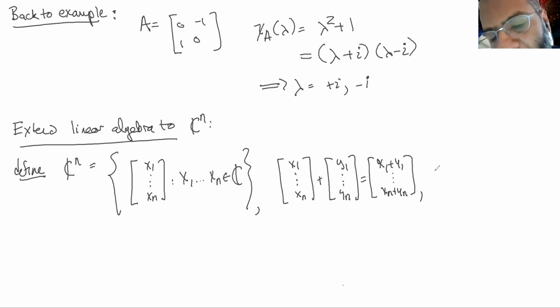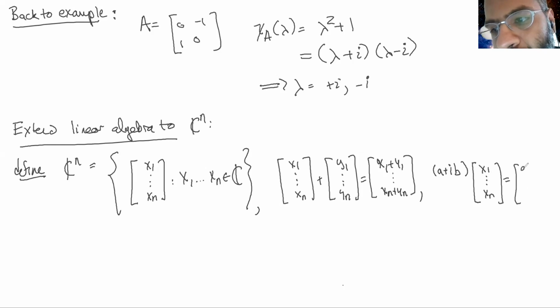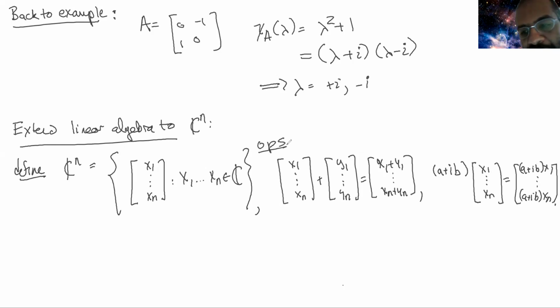And now how do you scale or multiply? Now this is the main twist. I'm going to allow you to scale or multiply by any complex number. So these are the operations. And now the point is the scalars can be complex.